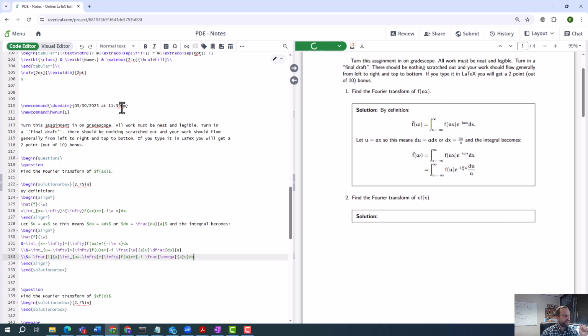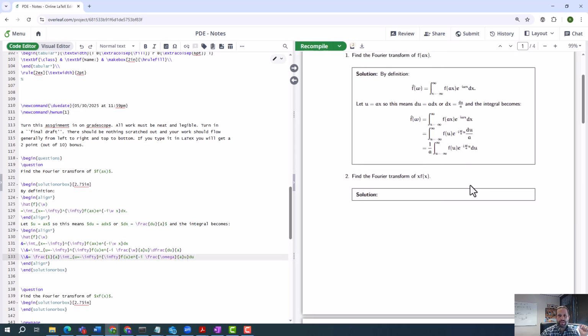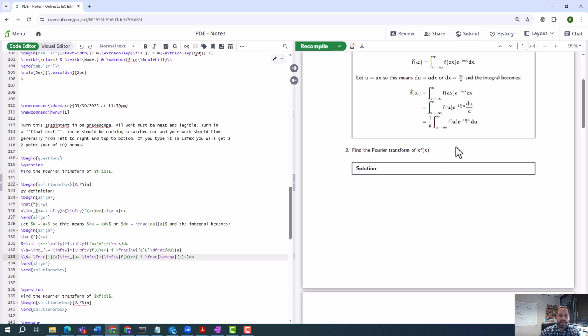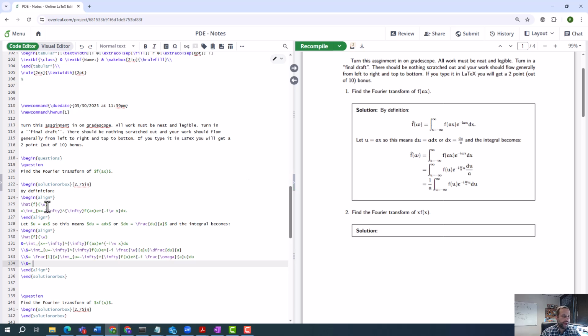Let me see how that looks. Okay, that's good. Now again, if a is positive, this integral right here is just the Fourier transform of f, but evaluated at omega over a. Oh, you know what? I forgot the 1 over the square root of pi. It's not going to change anything. I'm just going to have to put this.